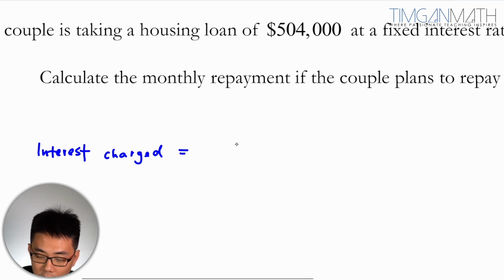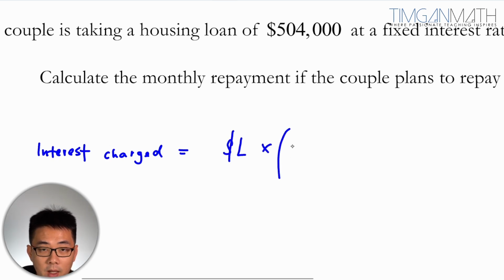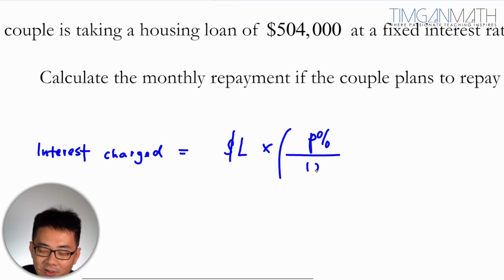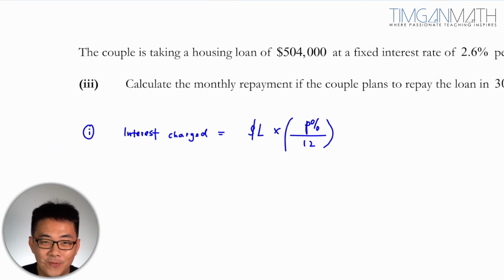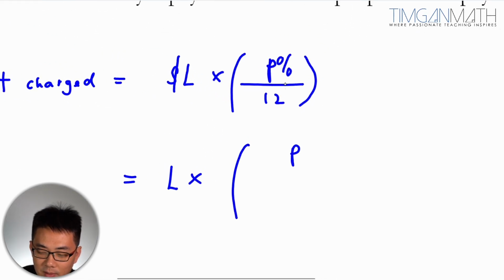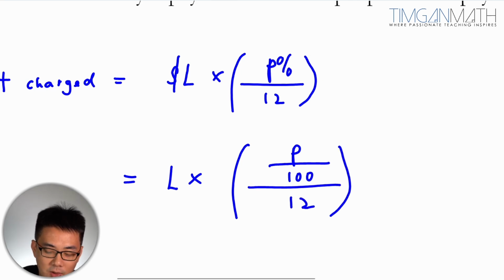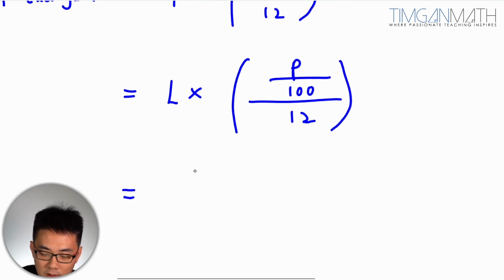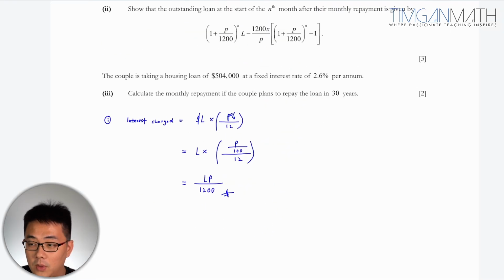You want the interest charge, so you take L, multiplied by, sorry, not the principal, so P% divided by 12. So this is the interest charge here, just the interest charge for the first payment. There you go. So this will be L times P, and because this is a percentage, we need to divide to make it into decimal form. So this is LP over 12,000. So this is the expression that we're looking at.